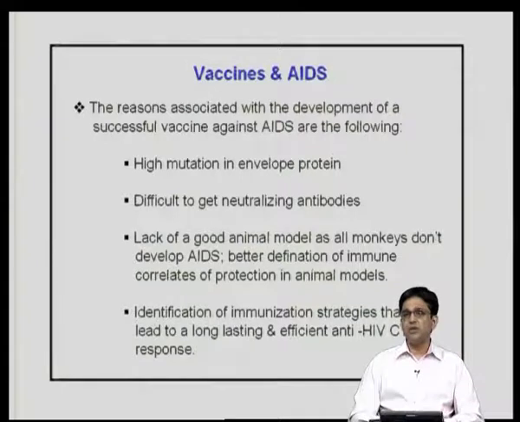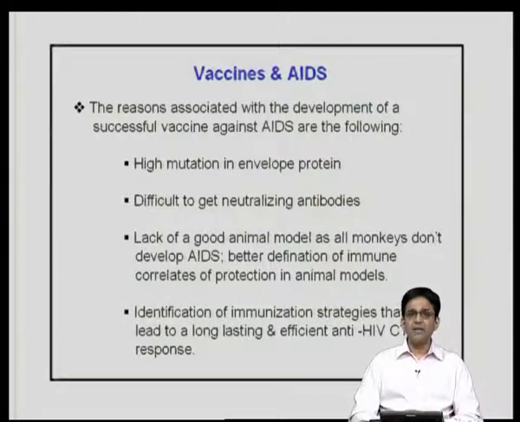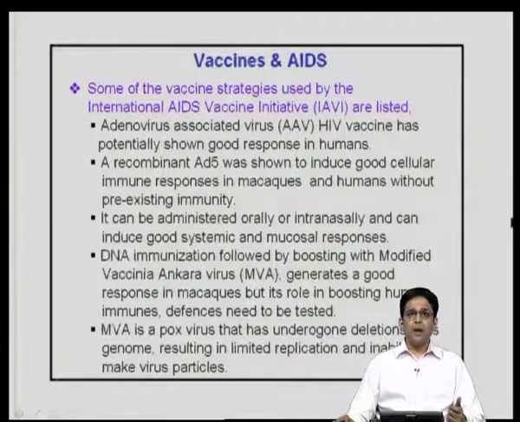There is a high mutation in the envelope protein, so it is difficult to get neutralizing antibodies. The other important part is there is a lack of a good animal model, as all monkeys do not develop AIDS, and identification of immune strategies that lead to long lasting and efficient anti-HIV CTL responses. These are all important aspects.